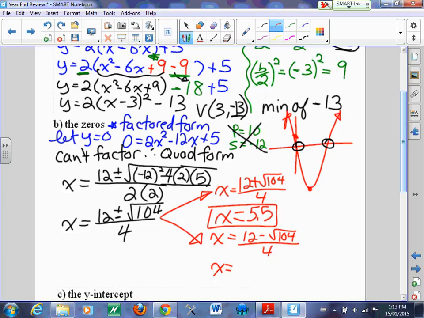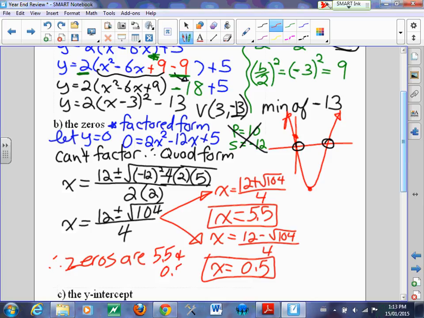Plug that in your calculator, ladies and gentlemen, and you should get approximately 0.5. Okay, so therefore the zeros are 5.5 and 0.5. We expected to have decimal answers here, folks, because we couldn't work out the factoring.